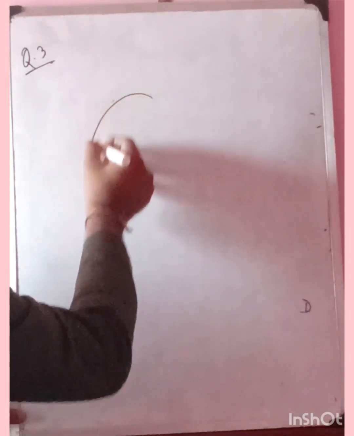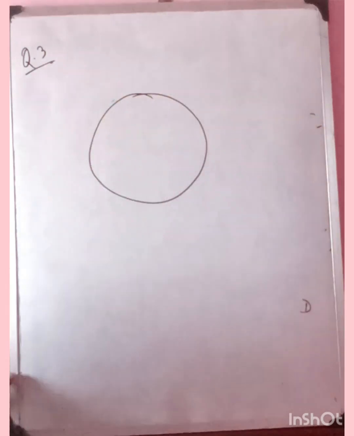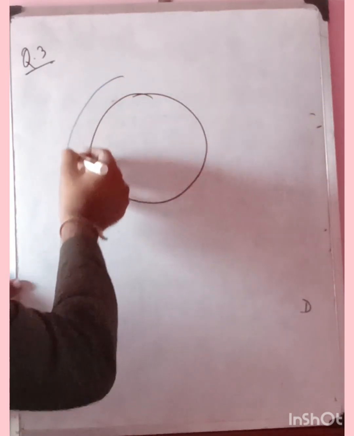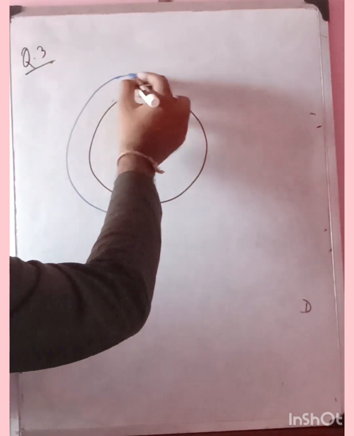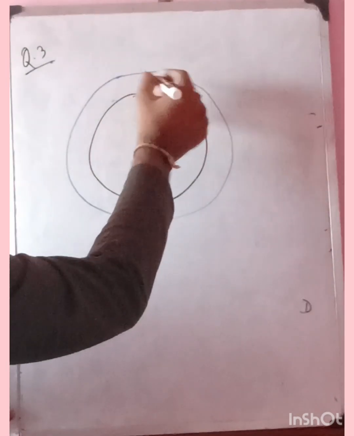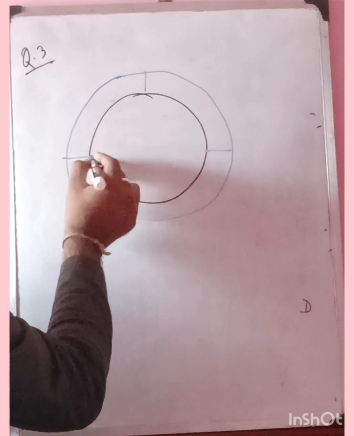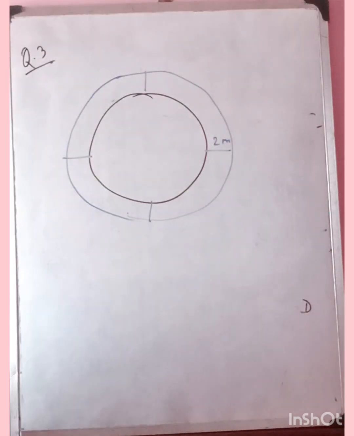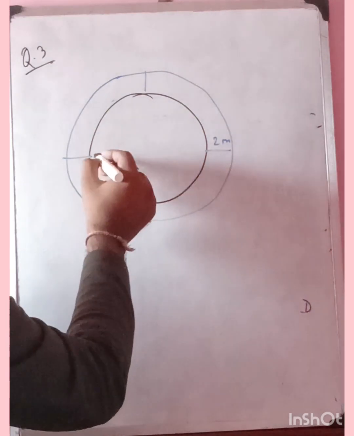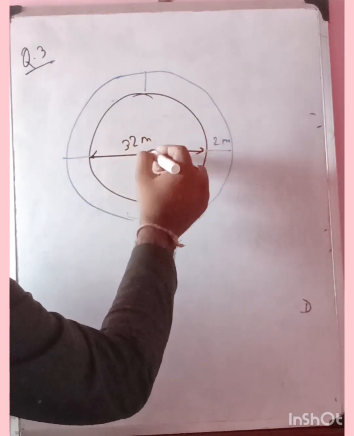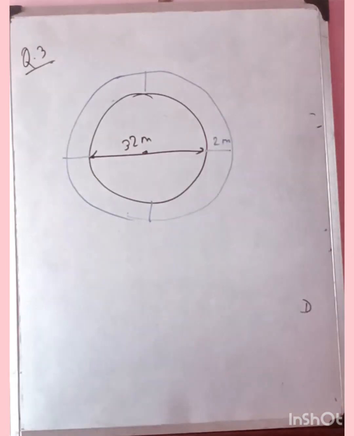So a flower bed is there. A path surrounding the bed is there. This thickness is 2 meter. And diameter of the bed, so this to this is 32 meter. Okay.